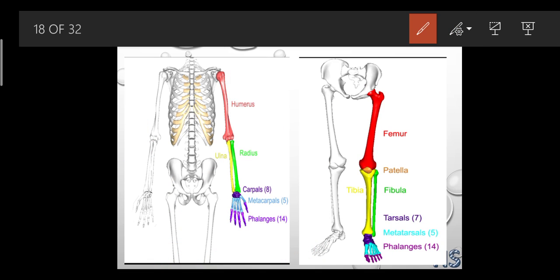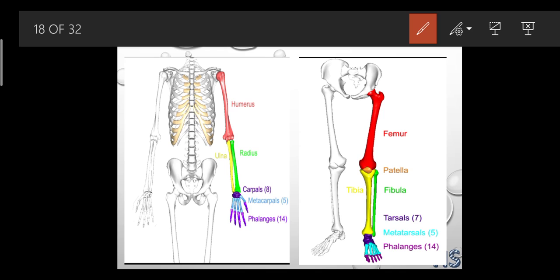See, as we have the forelimbs, in the same way we have the hind limbs. Now see, the hand and the legs, the legs have the same parts as your hand has.